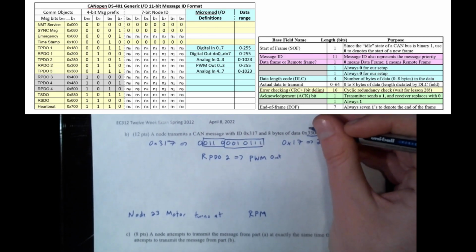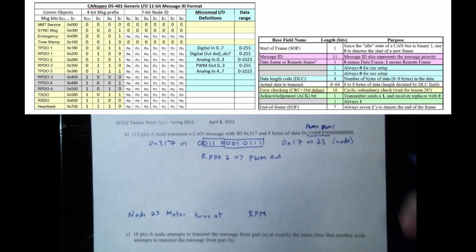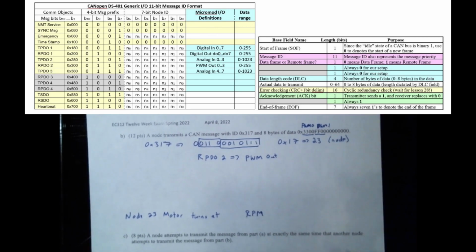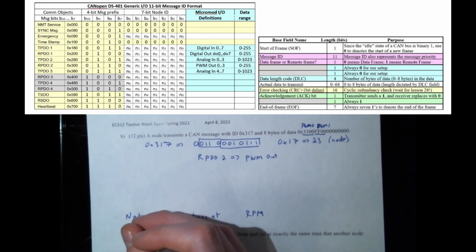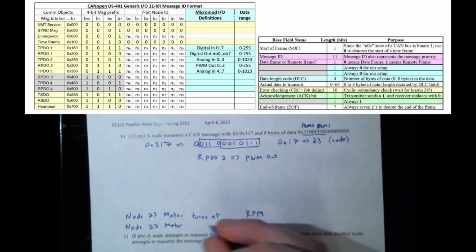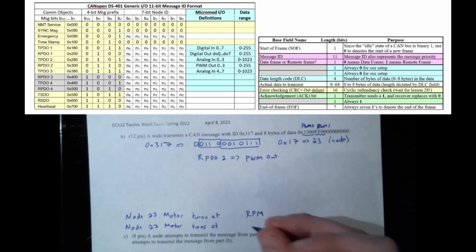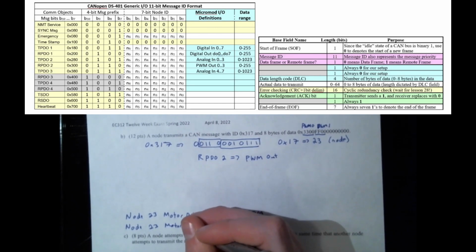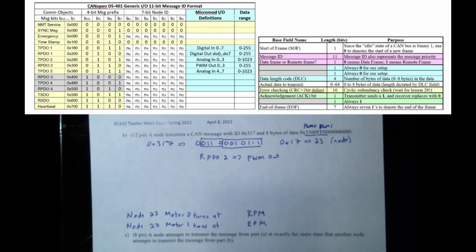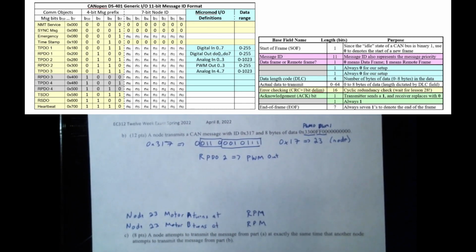So this is PWM 0, this is PWM 1, and the rest of them are 0. So we have 2 outputs. We can fill this in now: motor A and motor B, sorry, is what they have in the problem.